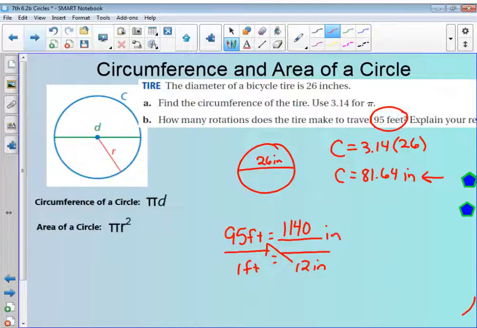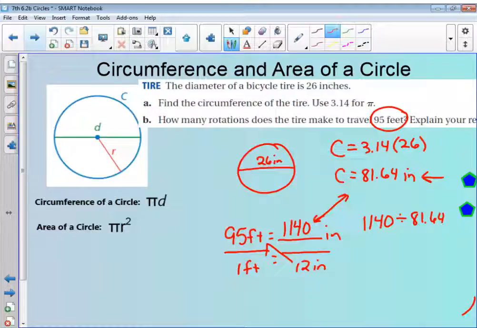So I need to figure out, if one rotation can do 81.64 inches, how many times would that go into this? We're going to divide. I'm going to take 1,140 and divide it by 81.64.